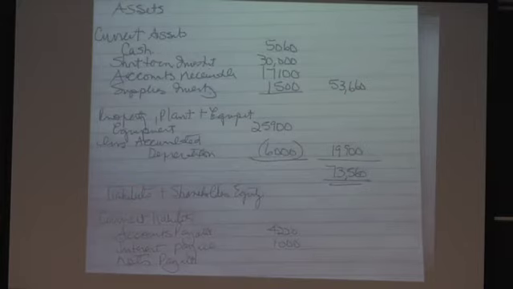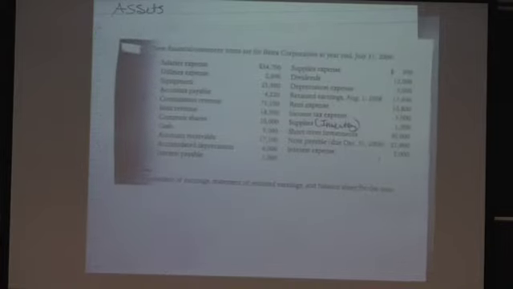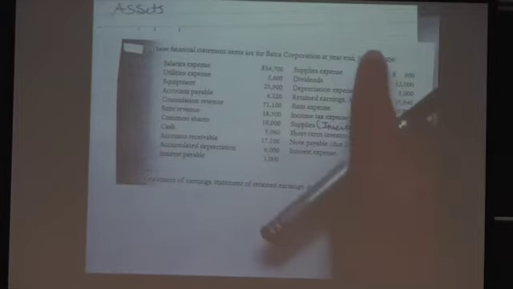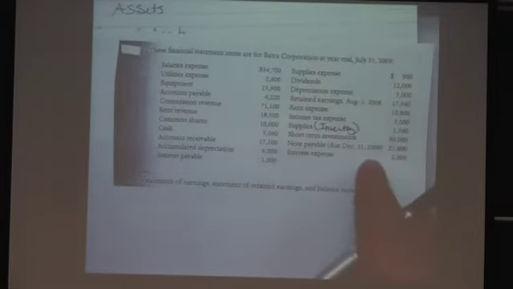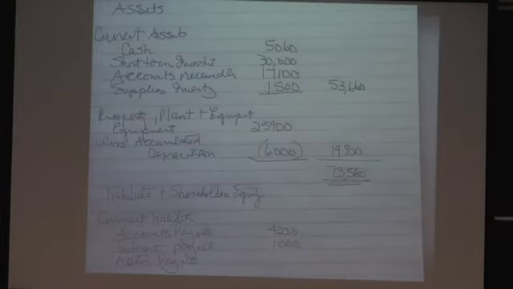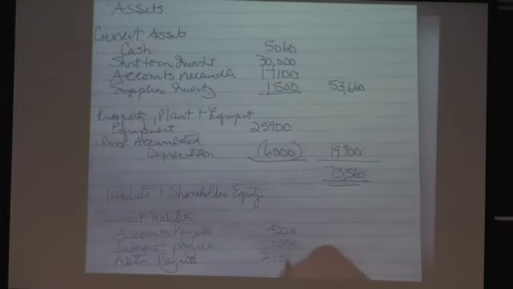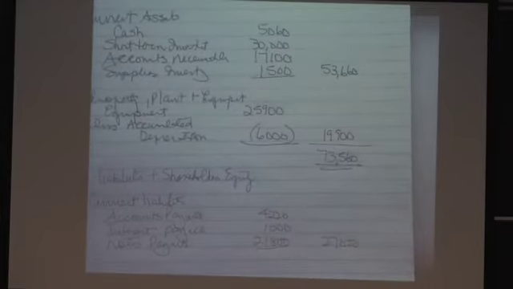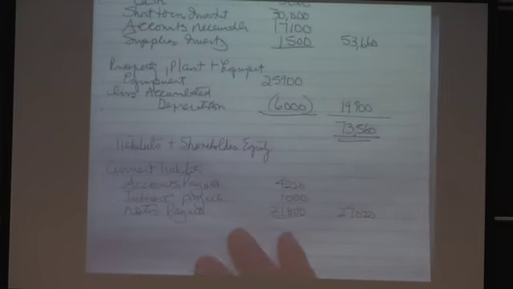Now, the notes payable, we're told that this is due 2009, which means that it's due in less than 1 year. So that's why it's part of current liabilities. Now, there is no long-term liability in this question. Okay, so that's all we have there.